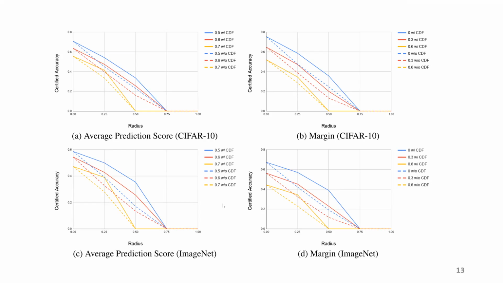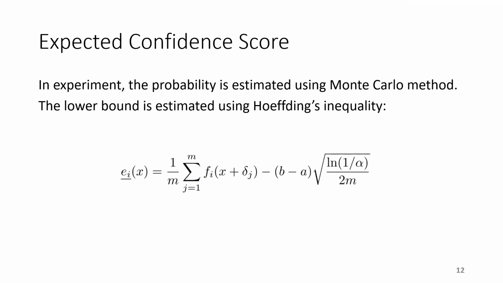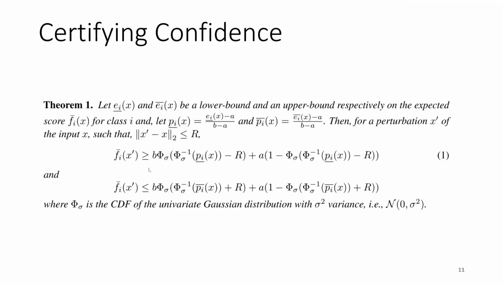Okay, so if not, I will go to the experiment part. In the experiment part, they report the certified accuracy. So do you mean that, for example, using their confidence versus using those regions, they can achieve higher accuracy?